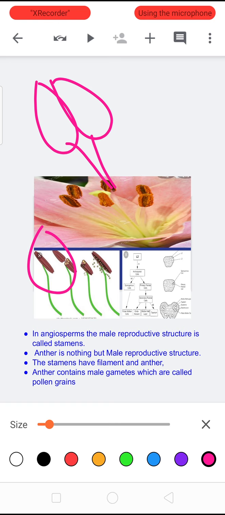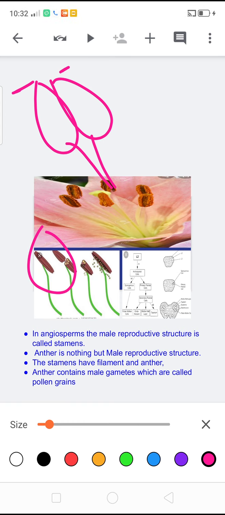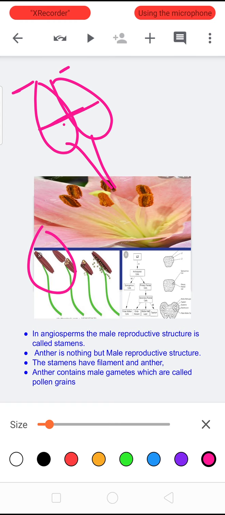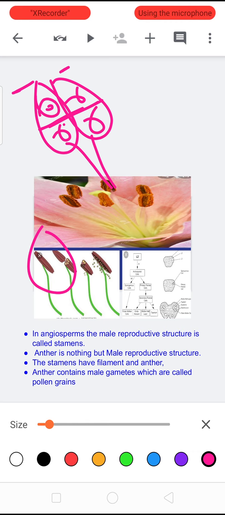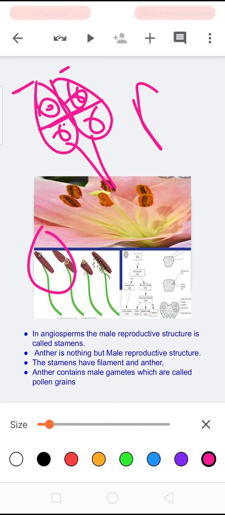Anther having two lobes, this one is one lobe, this one is one lobe, is called dithecous anther. It is found in many plants. In dithecous anther, the septal wall divides the anther into four lobes, four pollen sacs. Anther having only one lobe is called monothecous anther.